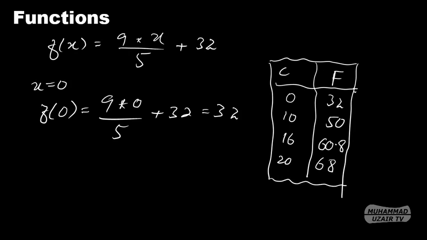As we can see from the table, this is x, this is f of x. So for each value of x, 0, 32, 10, 50, 16, 60.8, 20, 68, for each value of x there is a unique output for f of x.